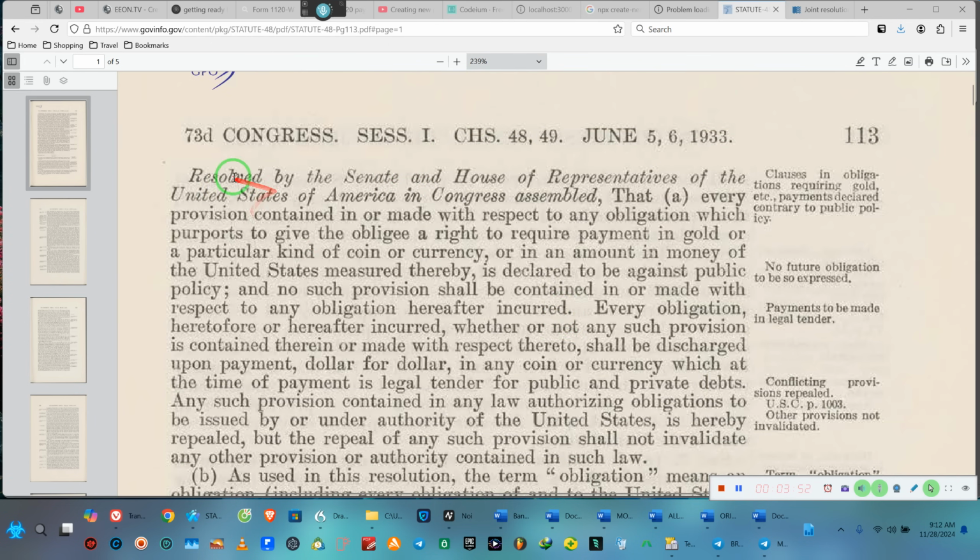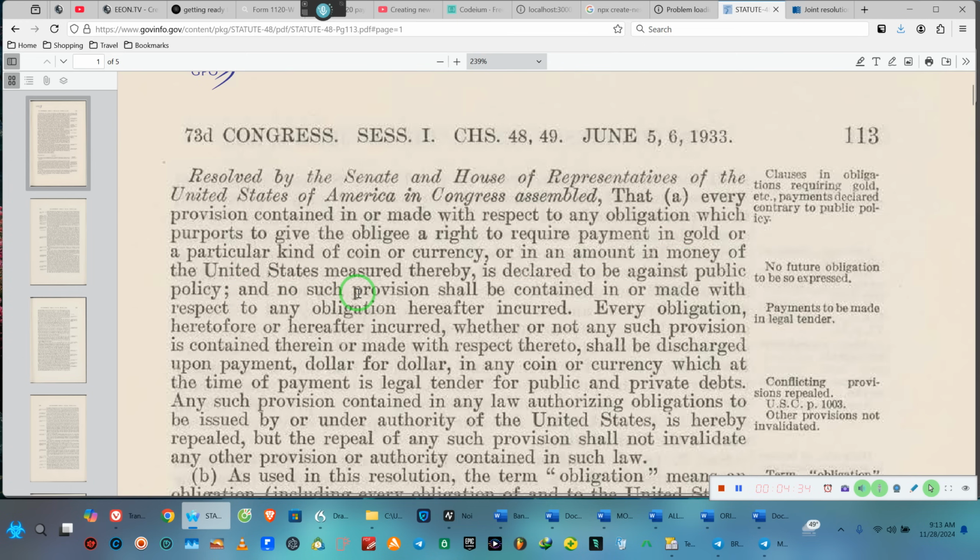But it says, be it resolved by the Senate and House of Representatives of the United States of America in Congress assembled, that every provision contained in or made with respect to any obligation, any debt obligation, or any obligation of the United States, which purports to give the obligee, the creditor, the right to require payment in gold, don't focus on gold, that's not the point, or now we're going to find out what the point is, a particular kind of coin or currency or an amount of money of the United States measured thereby, is declared to be against public policy.